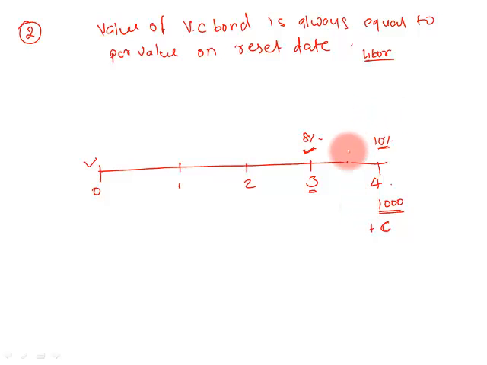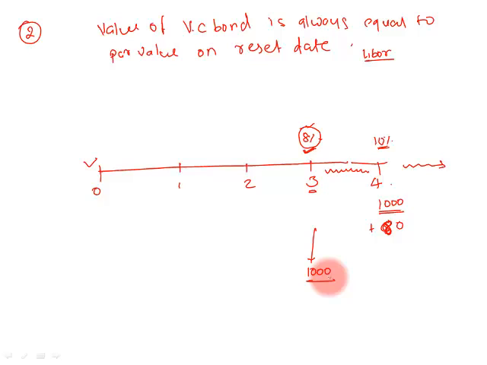The idea behind this is that for this period 8% existed, 10% would exist for the next period. So I know that next period my coupon is going to be 80. Correct? So if I decide to value the bond at the end of year 3, what are the cash flows do I have? 1080. What is the rate in the market? 8%. So how do I value 1080 discounted at the rate of 8% for 1 year? How much is that? 1000.